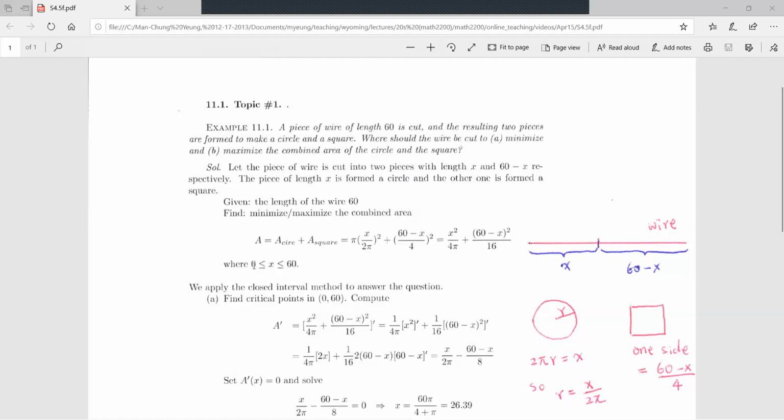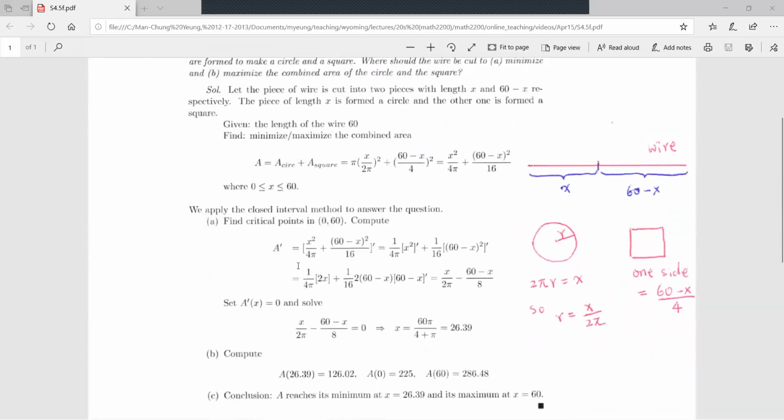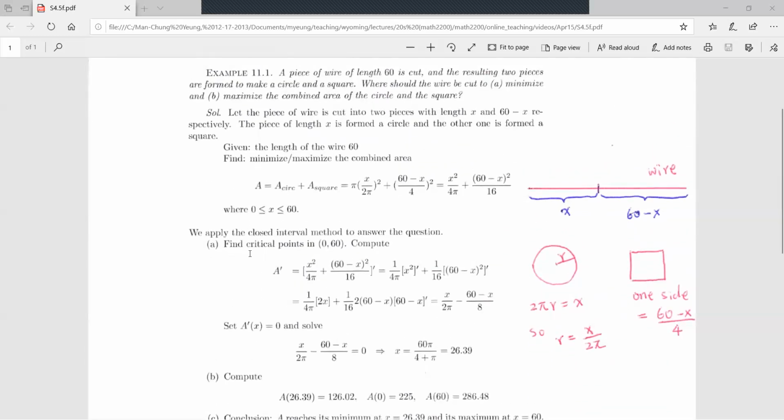Because this interval is a closed interval, I apply the closed interval method to solve this problem. Step 1, find critical points inside the interval. So I take the derivative of A with respect to x.